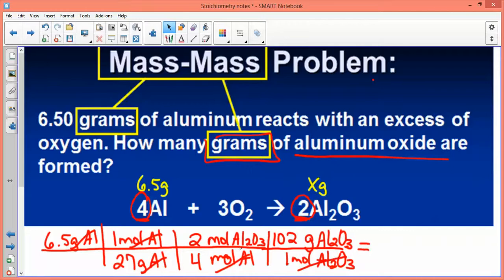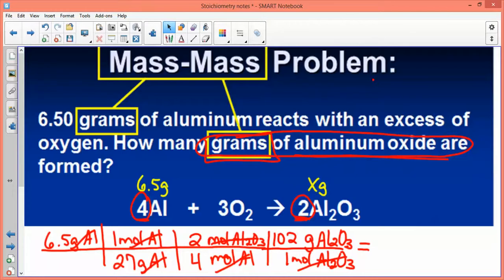The only unit that I'm left with is grams of aluminum oxide, and that is what's asked for in the problem, so I know that I'm finished. Next, I just do the math. 6.5 times 2 times 102 divided by 27, divided by 4 equals.